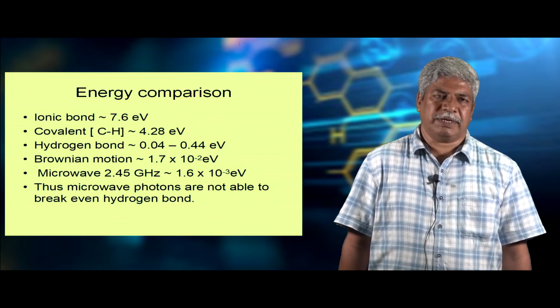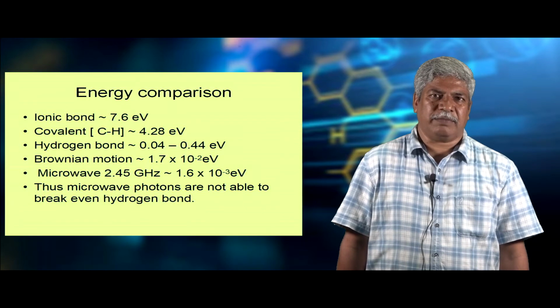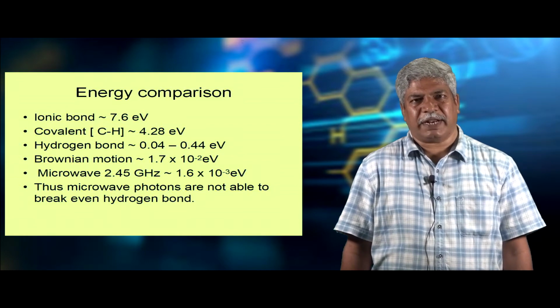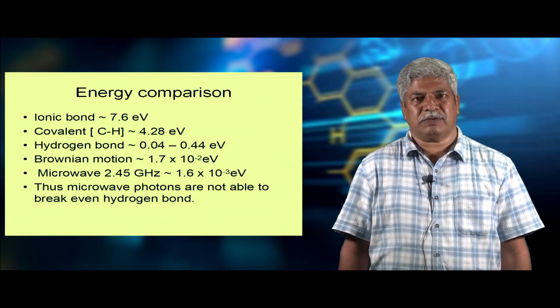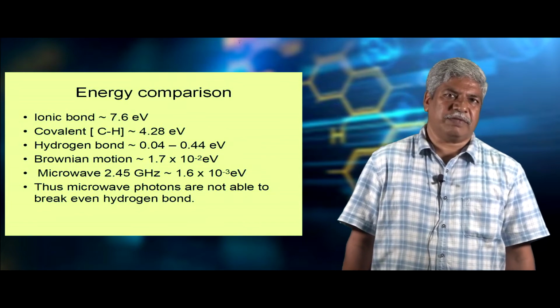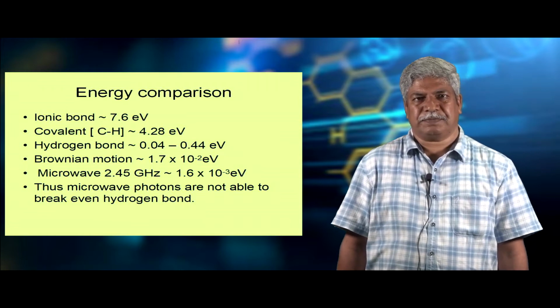How is it formed? When an electron gets transferred from one atom to another atom, it results in a cation and an anion, and the force of attraction between these two ions is called an ionic bond, and the energy of this bond is 7.6 electron volts.